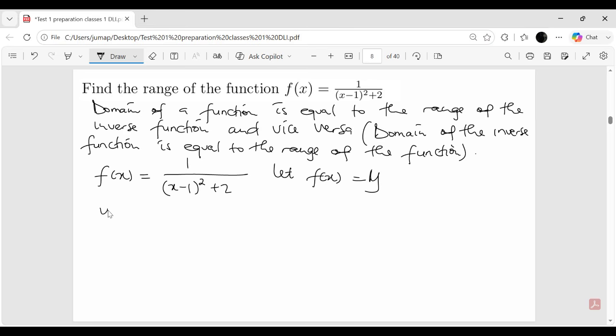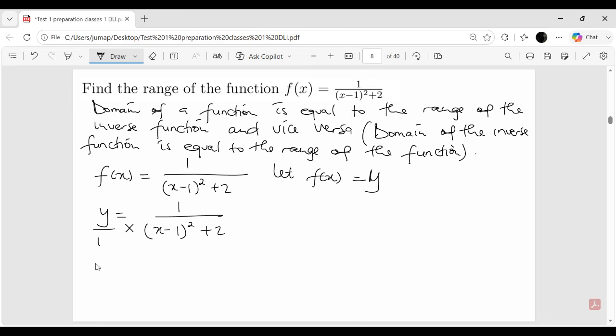So y is equal to 1 over (x minus 1) squared plus 2. To ease the work, because this is a reciprocal, if I put 1 over y this side, it becomes different. But let me not do that. Let me just solve it the normal way.